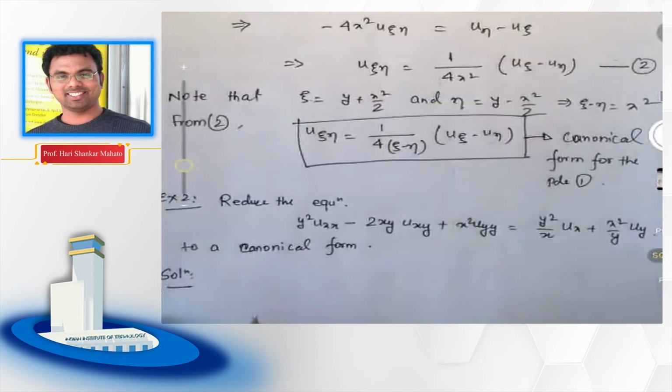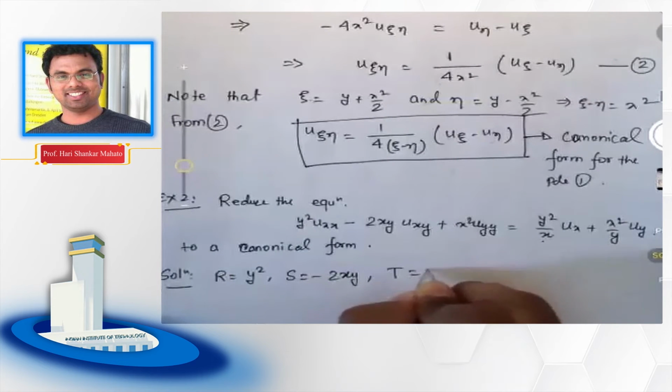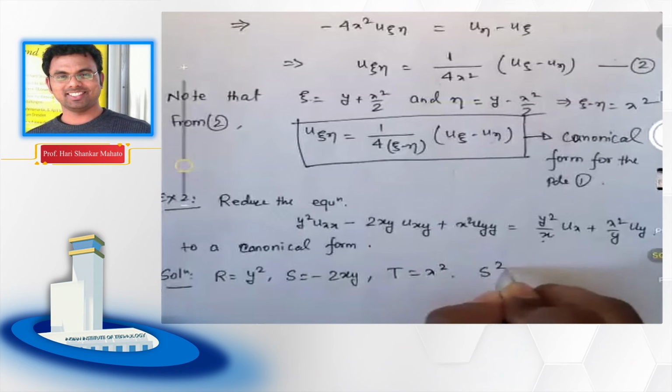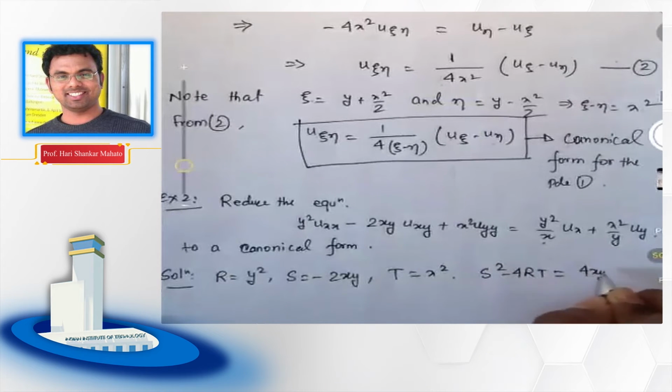So again, we have to compare this PD to our general form of semilinear PD and try to identify the type of the PD. So our r of xy is y square, s of xy is minus 2xy, and t of xy is x square. So I can calculate s square minus 4rt, that is 4x square y square minus 4x square y square.